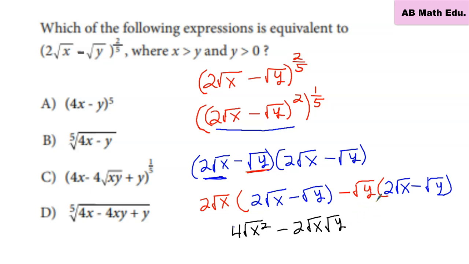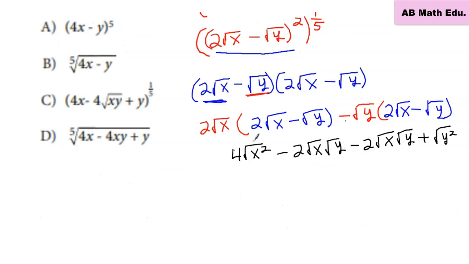We come to the second. Here will give you another negative. We write the number first, 2 root, and let's write the x first. We are going by the variable, the first variable first, and then followed by the root of y, and this times that, which is negative times negative, becomes positive, and we get root y squared, a root and a square, so this will go away, giving us a 4x.